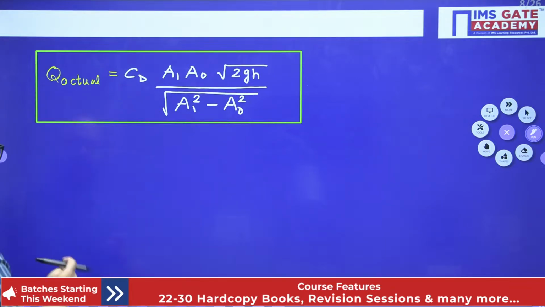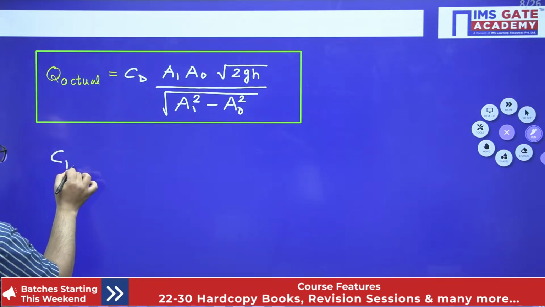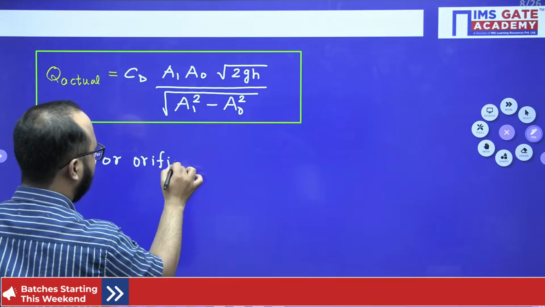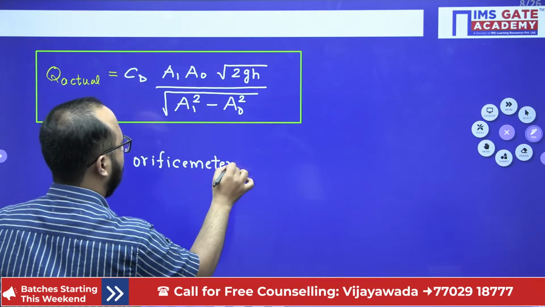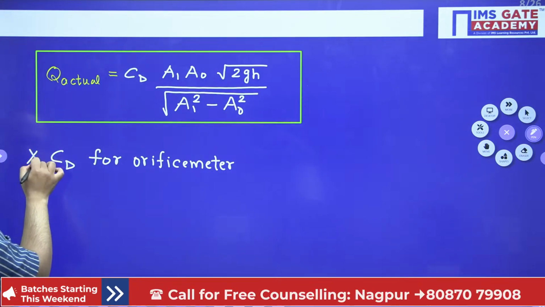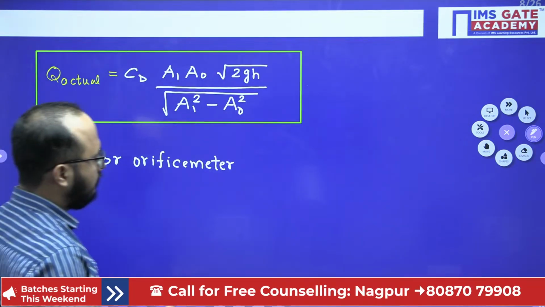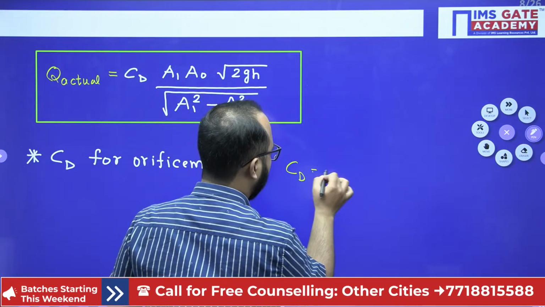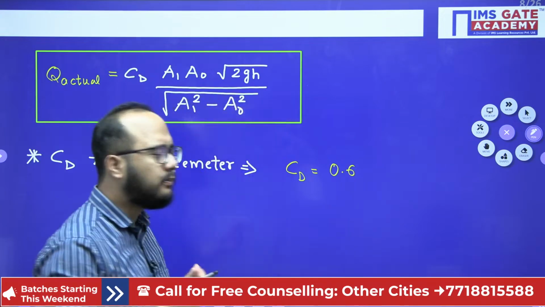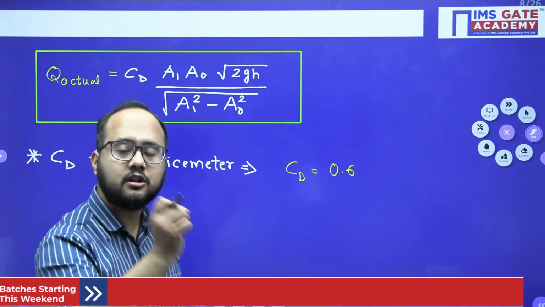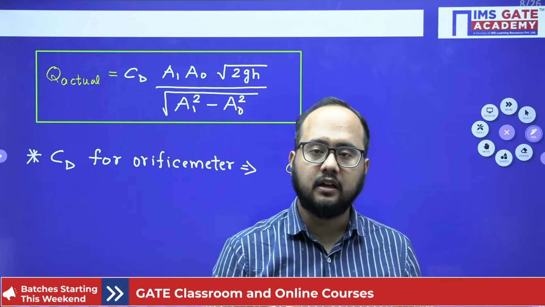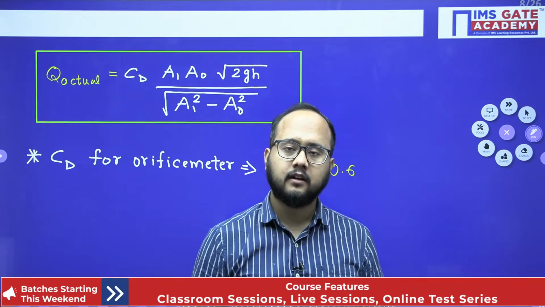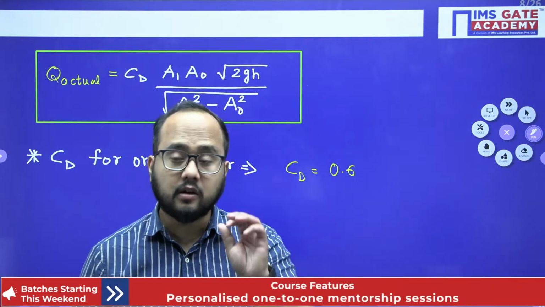The value of CD for the orifice meter is around 0.6. Now compare with the venturimeter, where it is around 0.97. So the venturimeter is a highly accurate device as compared to the orifice meter.